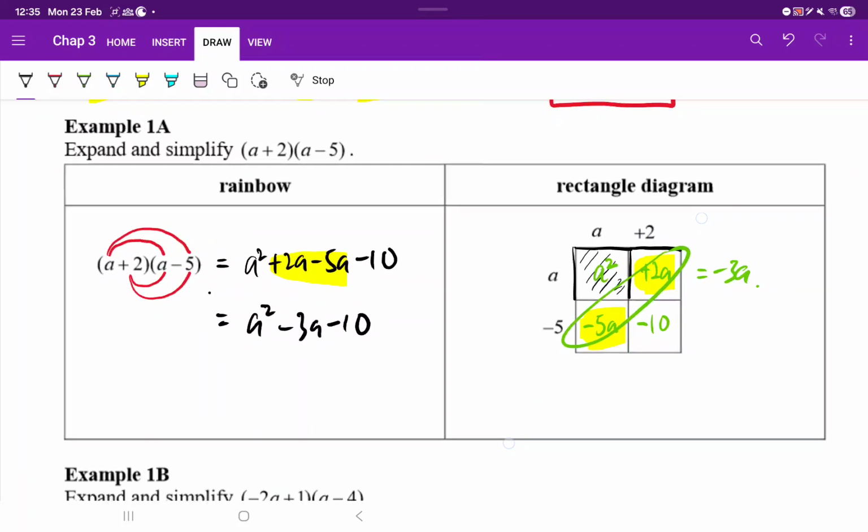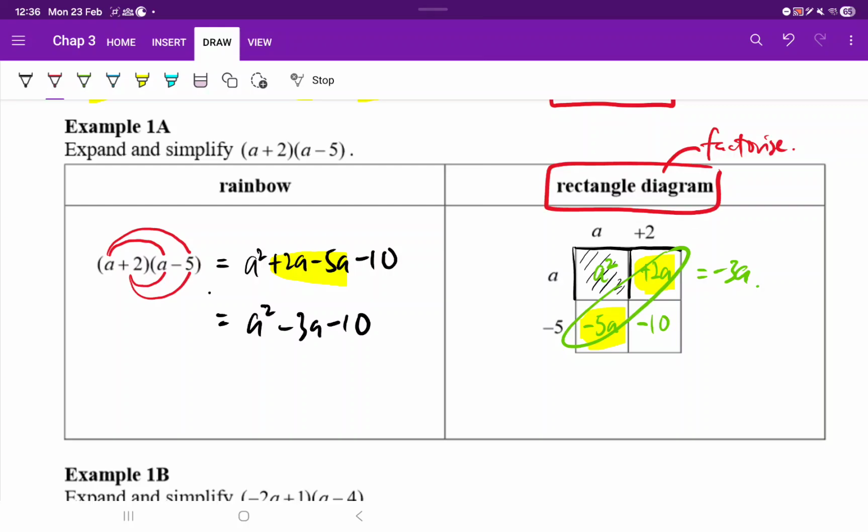Whether you like the rectangle diagram or the rainbow is up to you. But can I say something at this point? The reason why I'm teaching you this rectangle diagram is because later I want to use it to teach you how to factorize also. So the rectangle diagram can be used to expand and can be used to factorize.